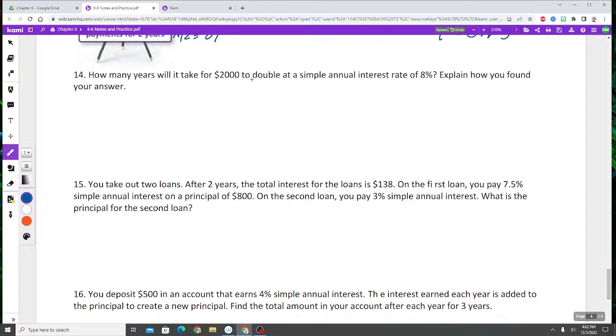How many years will it take for $2,000 to double? So what that means is that I is 2,000, because if we want to double $2,000 and get $4,000, we have to add another $2,000. So 2,000 then equals 2,000 times 0.08 times t.